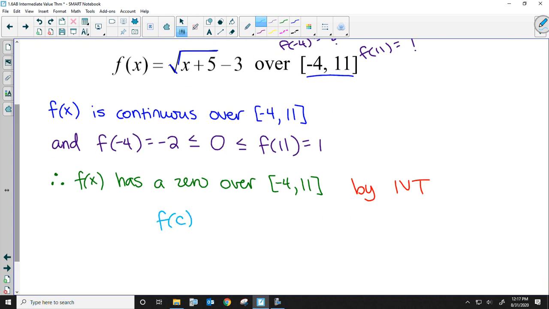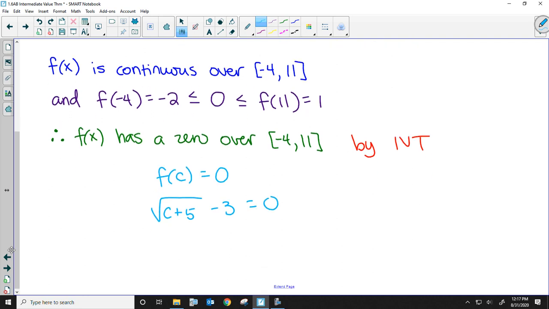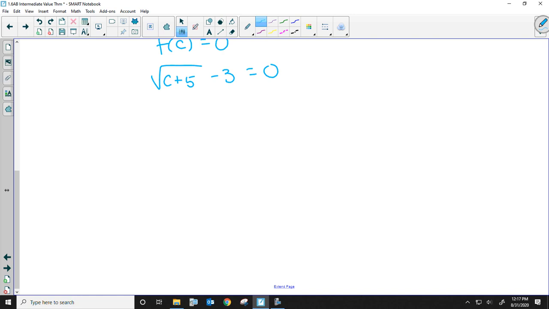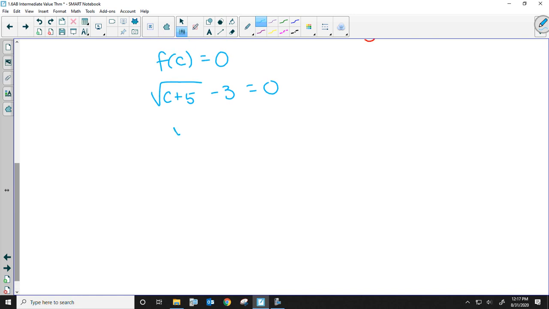In your f function, just replace that x with a c. Square root of c plus 5 minus 3 equals 0. And now we're just going to solve for c. That's all. So I'm going to add 3 to both sides. Square root of c plus 5 equals 3. Then we square both sides. And there we go. I've solved for c.